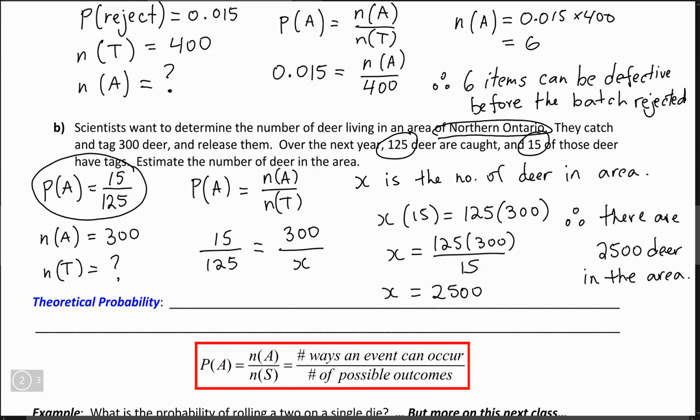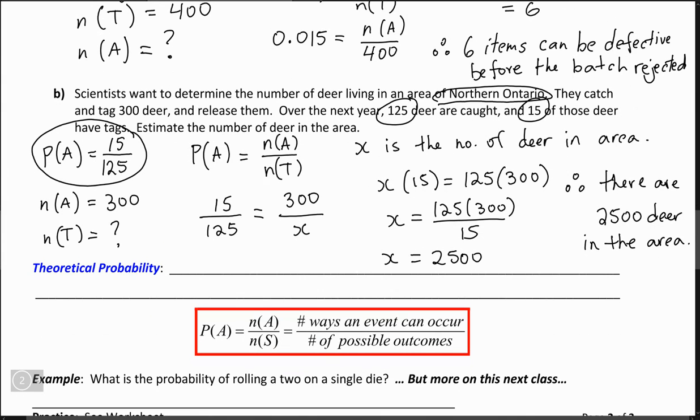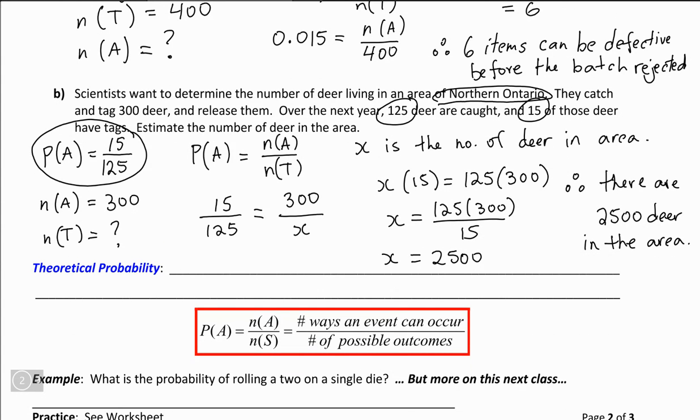Okay, so you've got to think about this in a broader context. There is a ton of deer in an area. There's thousands of deer in the area, 2,500. So one day they tagged 300 of them. They have them tagged electronically, so they can monitor them. They've tracked them basically. So they tagged them, they released them, and then over the year they looked at catching deer. So they caught 125 deer.